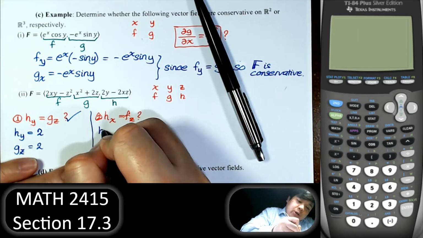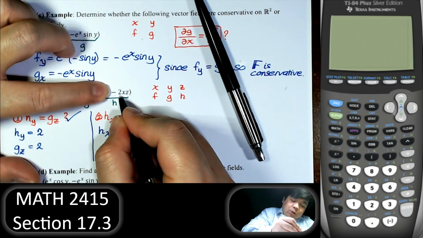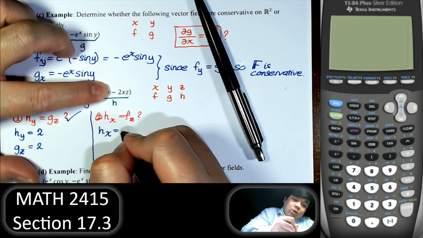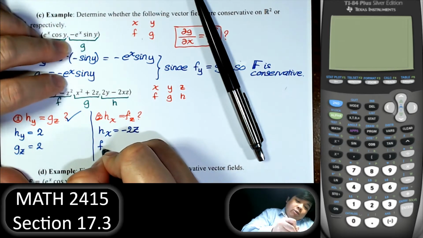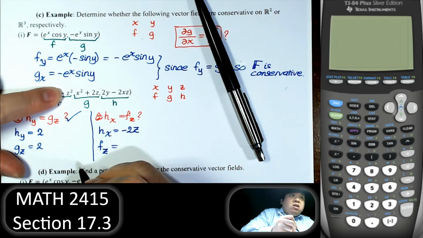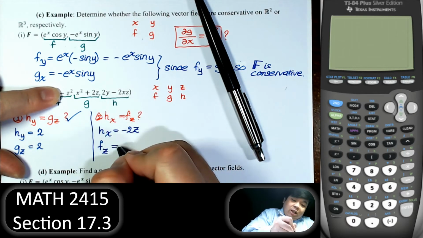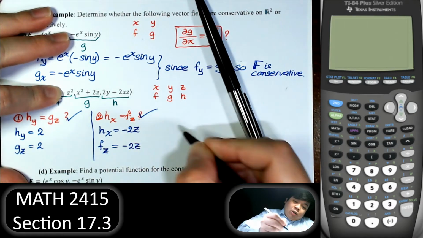Derivative of h with respect to x. y is a constant. Derivative of x is 1, so we just have negative 2z. Derivative of f with respect to z. xy is constant. Derivative of negative z squared is negative 2z. Yes, they are equal.